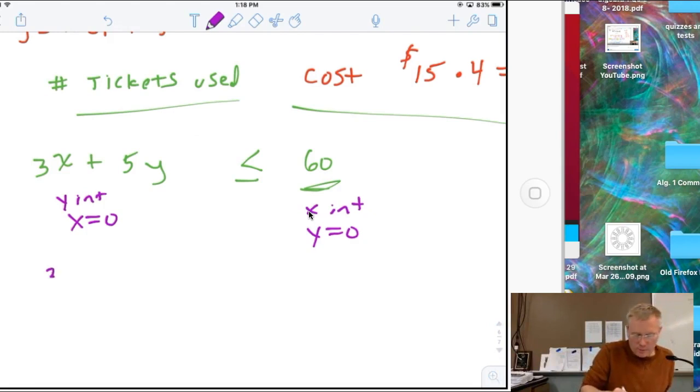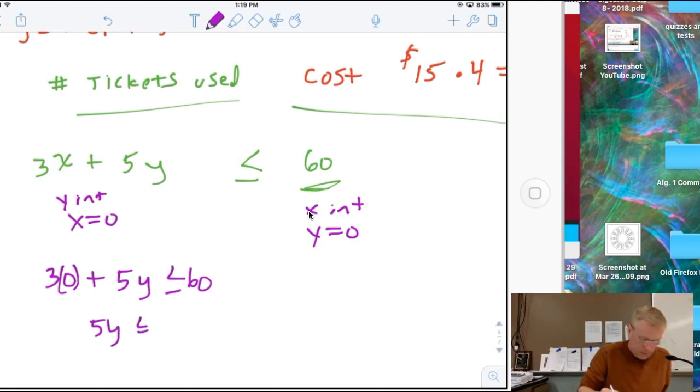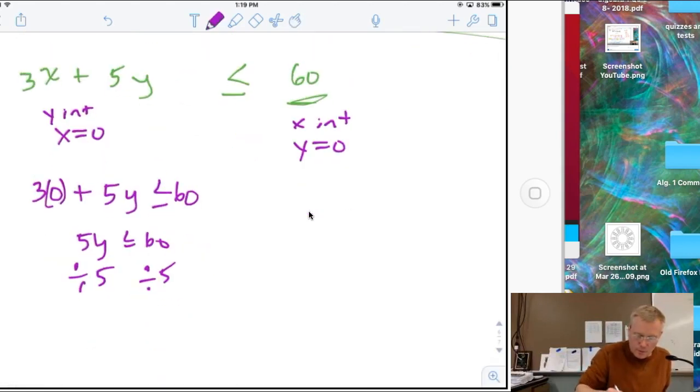So that means I'm plugging in 3 times 0. Should put that in parentheses so it doesn't look like 30. 5y is less than or equal to 60. All right, so 3 times 0 is 0. 5y is less than or equal to 60. Divide by 5, and I get y is less than or equal to 12.